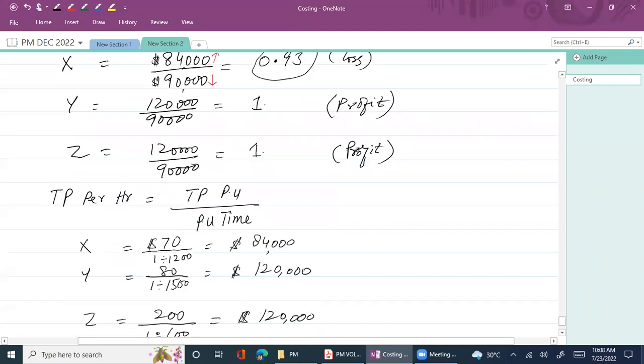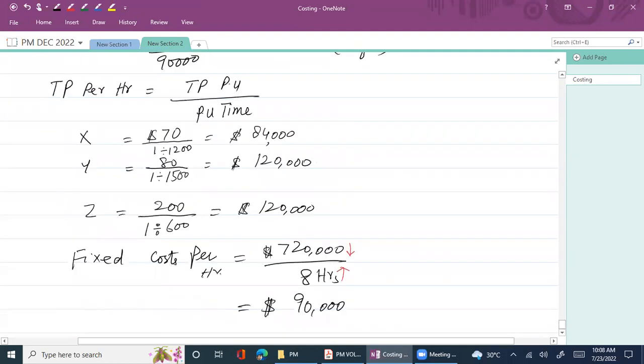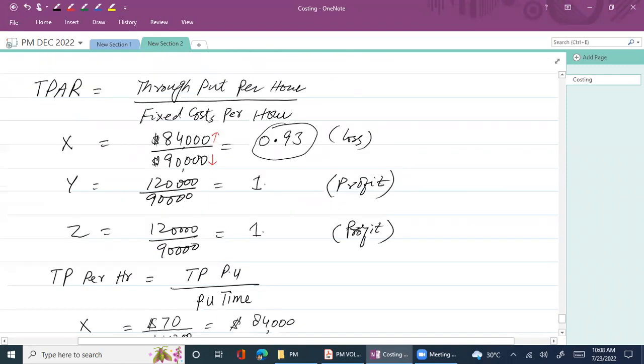How do we get the 84,000? It is basically the throughput. So we can increase it by reducing the material cost. We can also increase the sale price, but practically if we increase the sale price, our customers might switch to our competitor, so a price rise is not suitable.